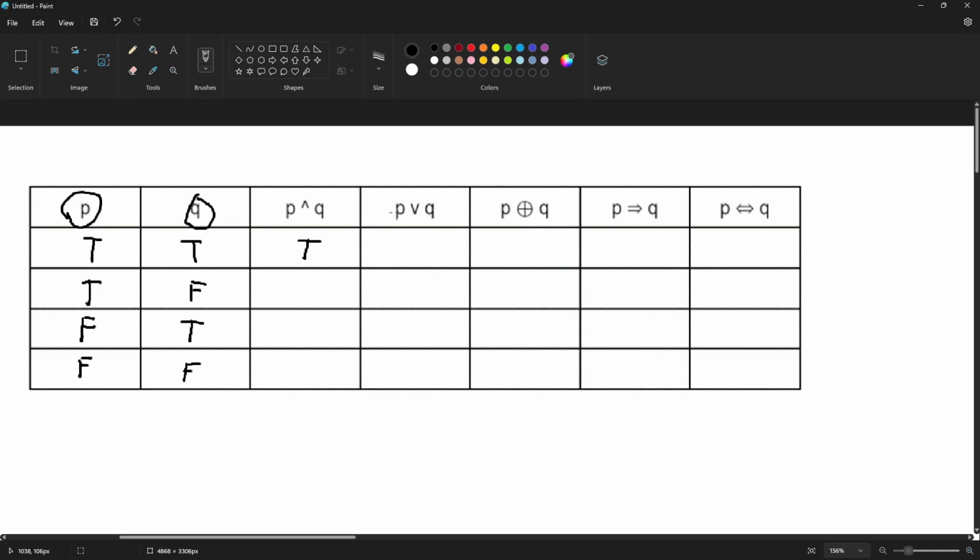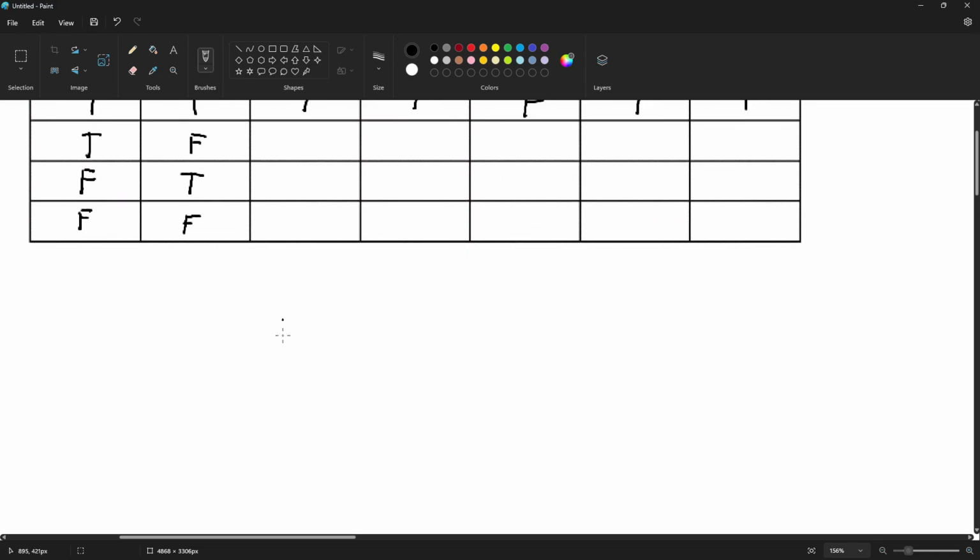Same as this one, P is true and Q is also true. So P or Q is true. And same goes with the others. Next item.